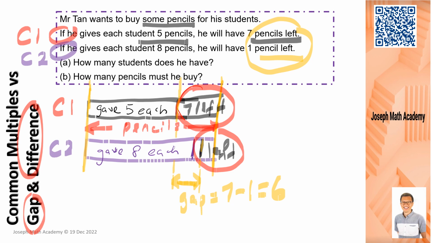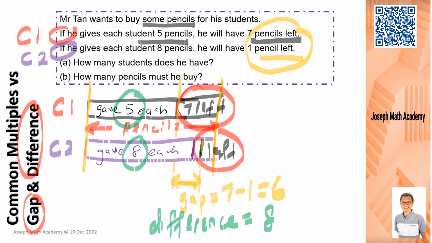We give it a name. So the gap between the two values representing the leftover pencils. Next one would be the difference. We have written one equation for the gap, and we are going to write an equation for difference. Difference means the different way of giving the pencils, giving away 5 each, giving away 8 each.